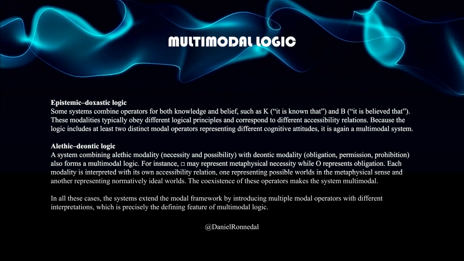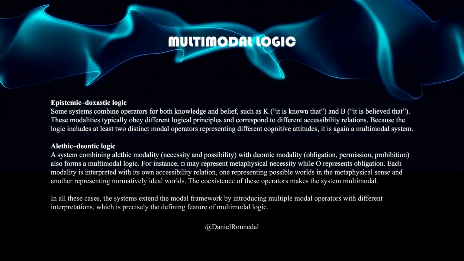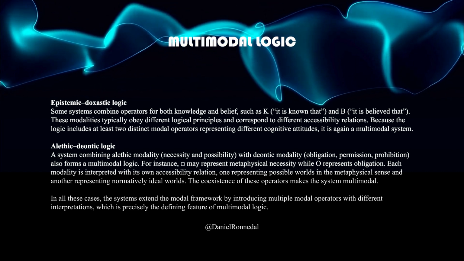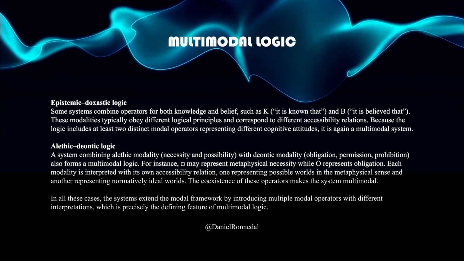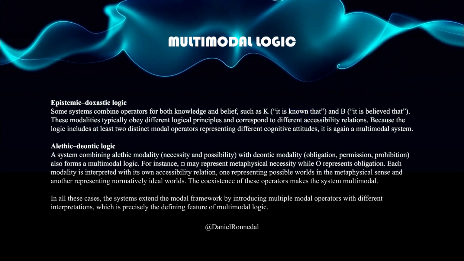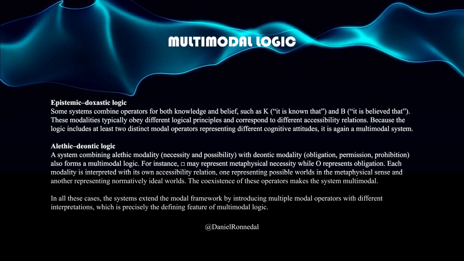Alethic-deontic logic. A system combining alethic modality, necessity and possibility, with deontic modality, obligation, permission and prohibition, also forms a multimodal logic. For instance, the box may represent metaphysical necessity while O represents obligation.